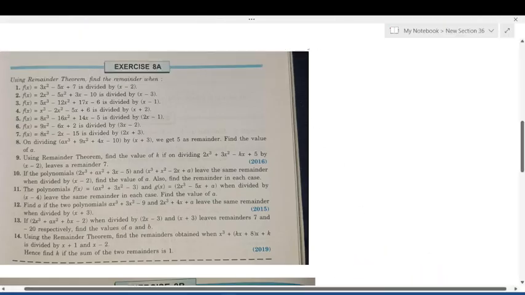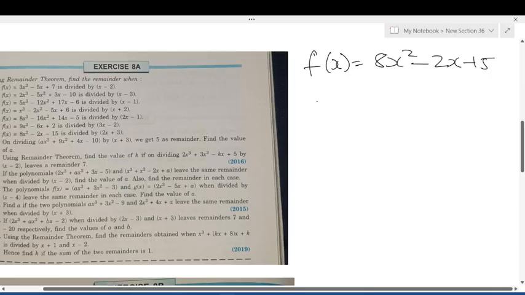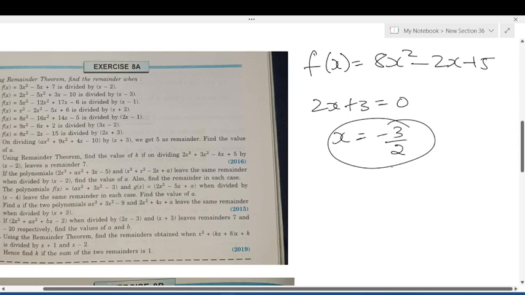Let me take the seventh question. F of x is equal to 8x square minus 2x minus 15 is divided by 2x plus 3 is equal to 0. X is equal to minus 3 by 2. Substitute. Complete the answer.